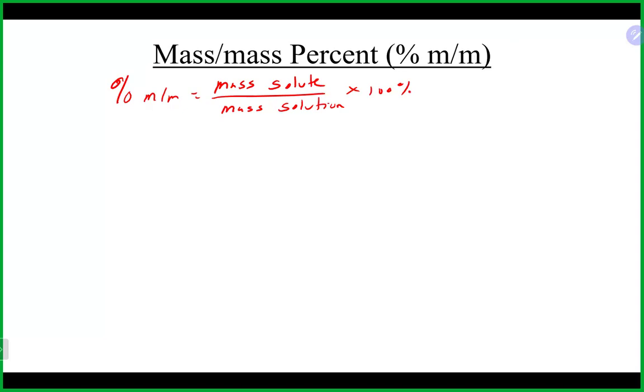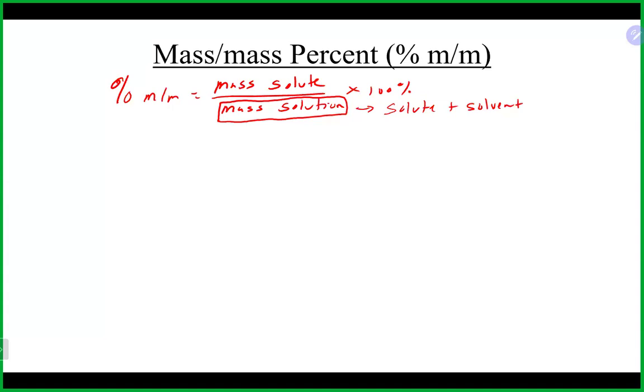The important part of this calculation or formula is actually the bottom part. And remember, as we talked about earlier, the solution is made up of two things. It is made up of the solute plus the solvent. So you definitely want to make sure that you have both of those values. And the reason I say that is very commonly in textbooks, in these type of questions, they will oftentimes separate those two numbers.